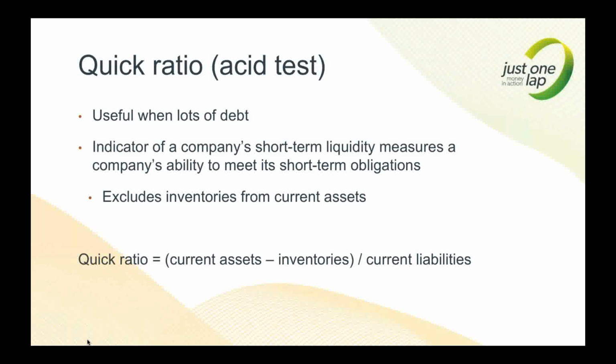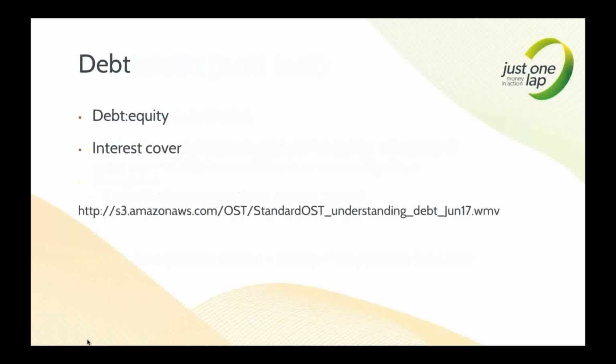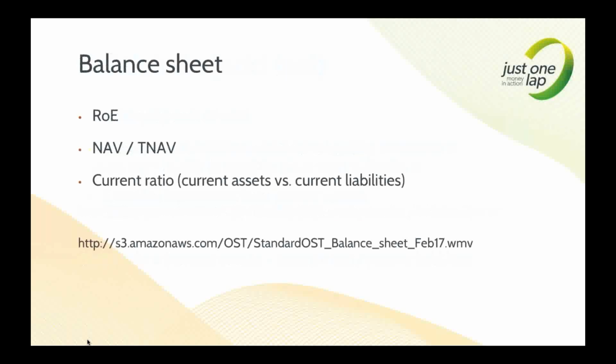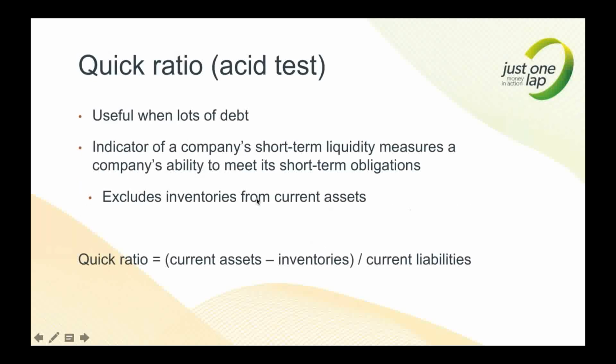A quick ratio is just current assets less inventories divided by current liabilities. Now, I remember we talked about the current ratio. The quick is a little bit better because it's current assets less inventories. The point being that inventories are part of your doing business and perhaps not easy to sell.